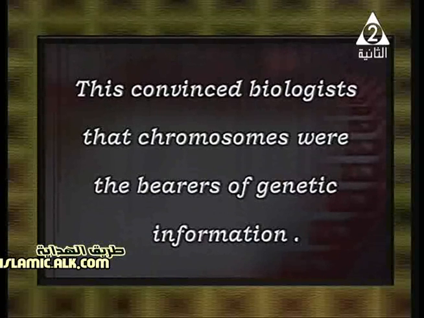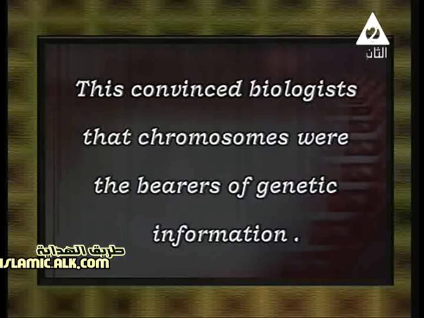Scientists considered that these chromosomes were carriers of genetic information. At first they got confused about which part inside the cell of the living organism carries the information that represents our character, personality, everything physiological or psychological.